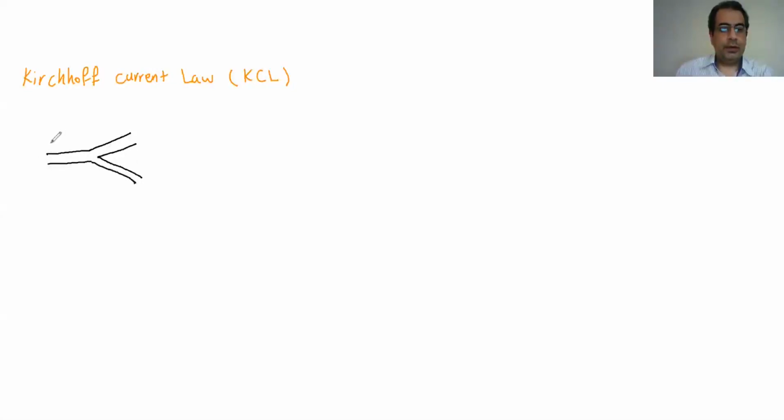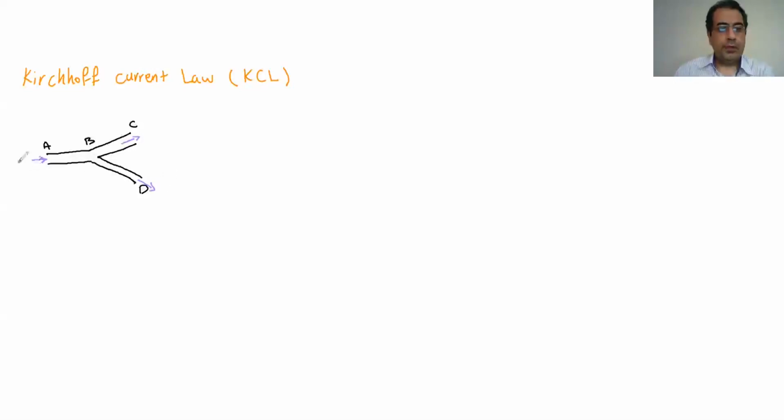So assume I have points A, B, C, and D. So I have pipes going through. If there's water coming through pipe A, it will split between these two.